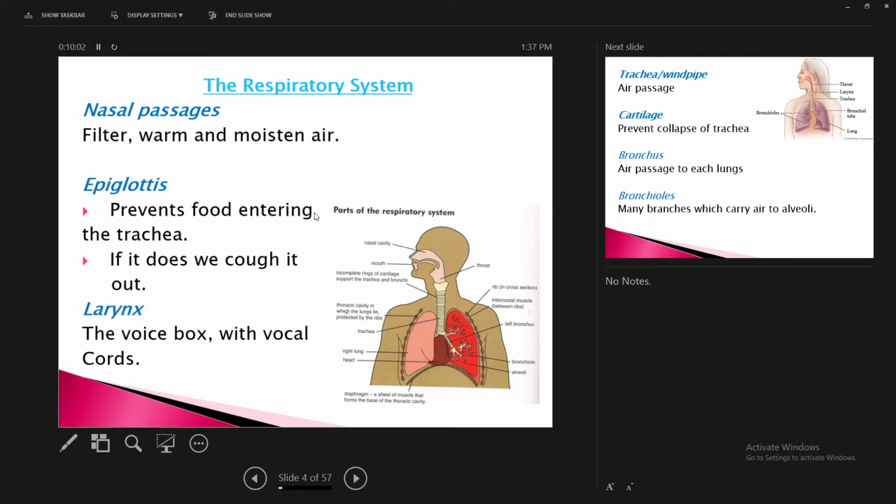Now, the function for it is to filter the air, warm the air, and moisten the air that is breathed in. And those three functions are very important in terms of our health. In terms of filtering the air, if you should get an extremely bright light, for example, the light in projectors.